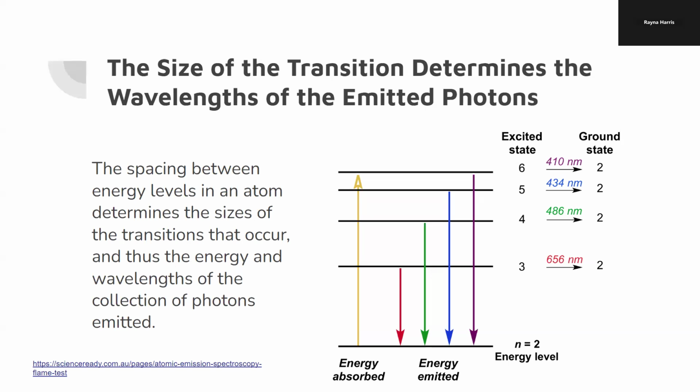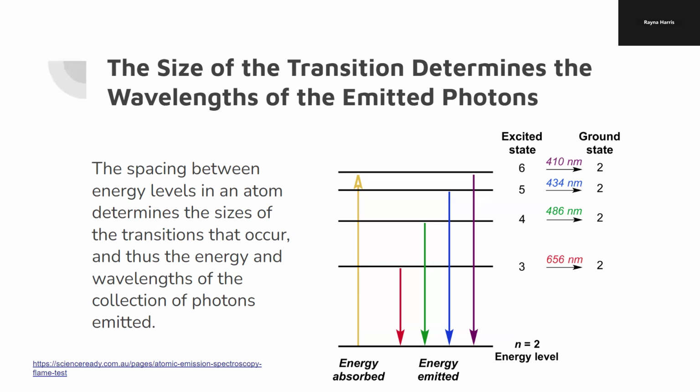If something's ground state is 2, and it absorbs this much energy, if it goes from shell 6 all the way down to shell 2, it's going to release 410 nanometers. If it goes from 5 to 2, that's a lower energy, so 430. 4 to 2 is even less energy, 486 nanometers. 3 to 2 is even less energy, 656.